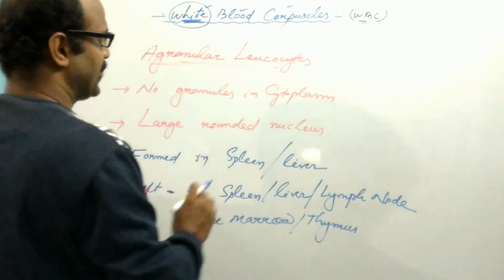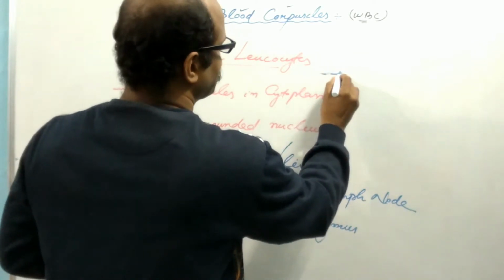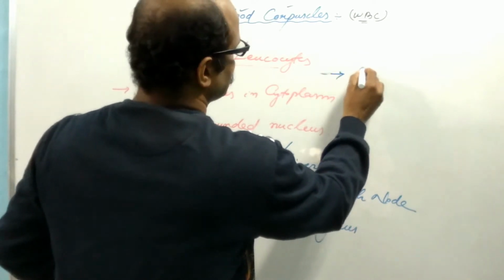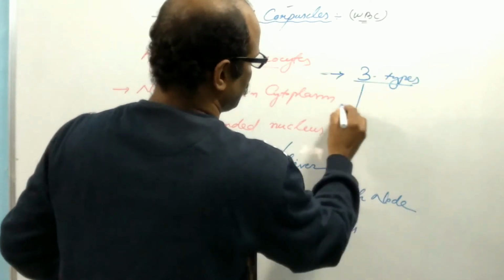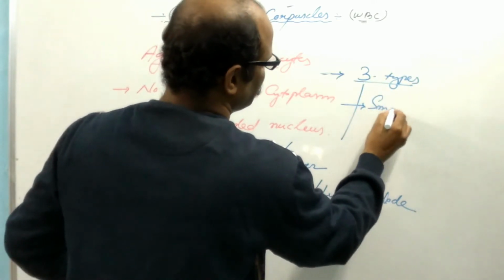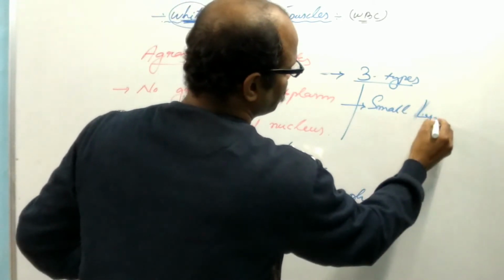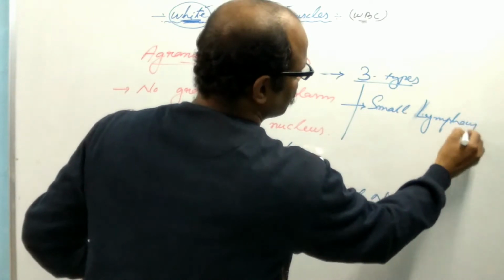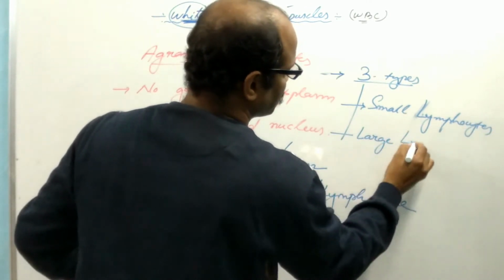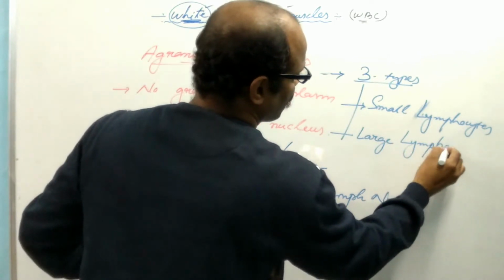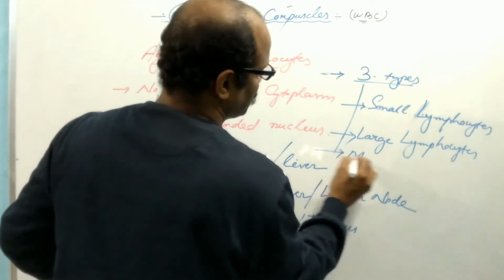These agranular leukocytes are of three types: the small lymphocytes, large lymphocytes, and monocytes.